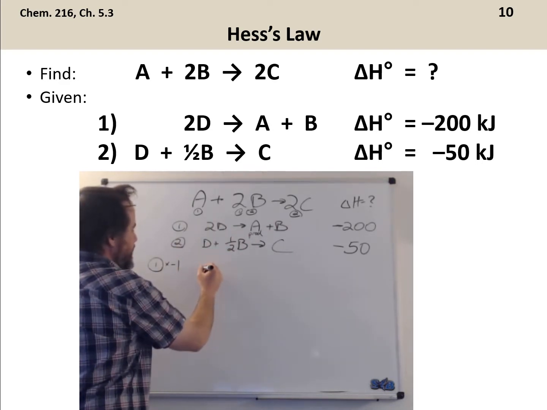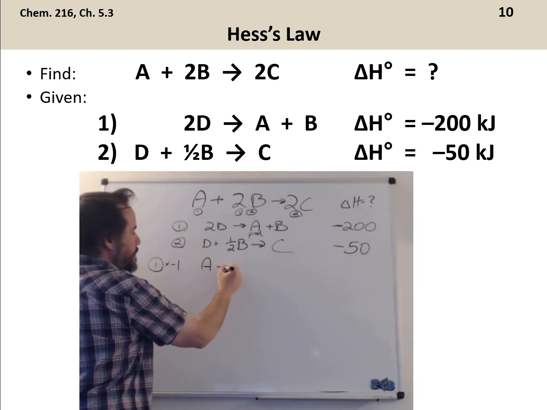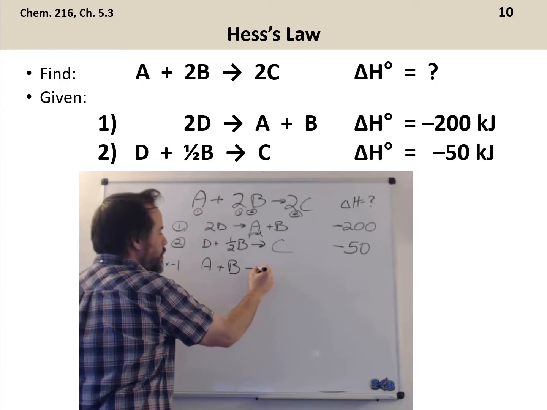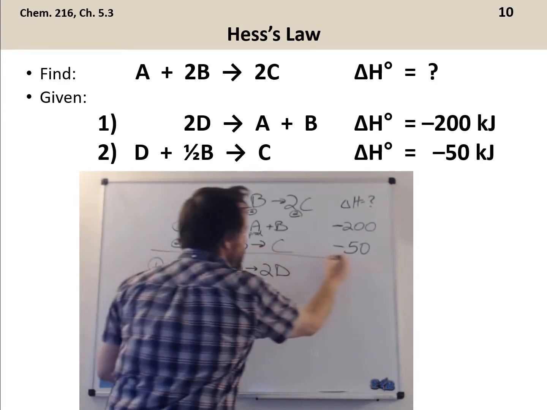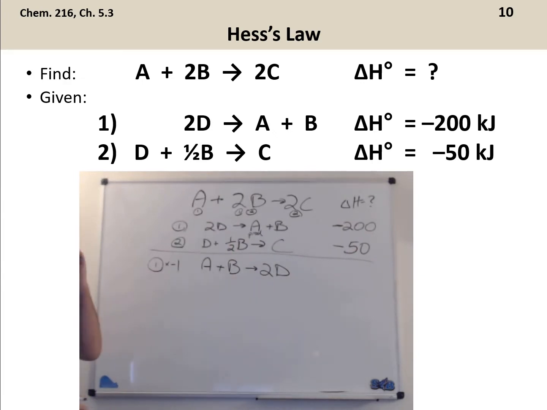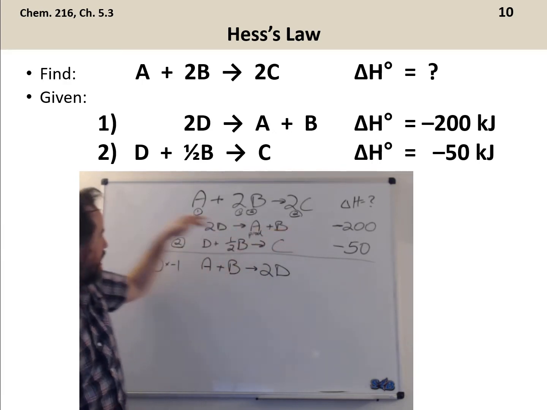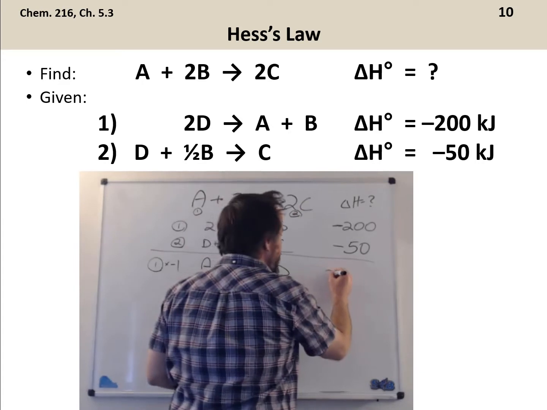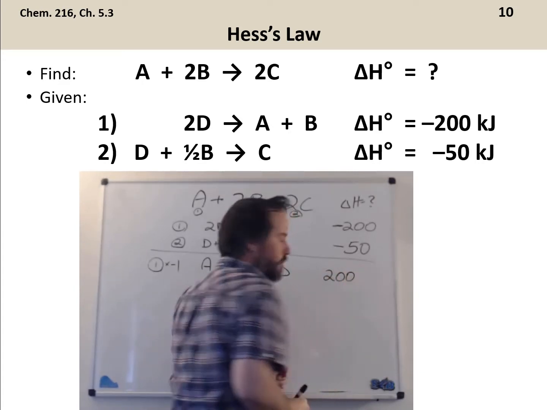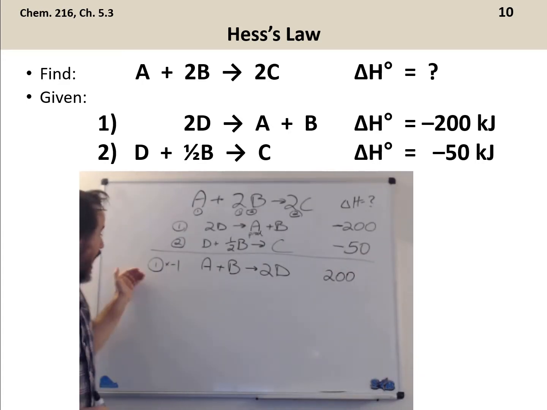So if I take this and flip it, I get A plus B going to 2D, so I don't get confused. And now A plus B going to 2D, if number 1 is negative 200 kilojoules, then the opposite will be 200 kilojoules.